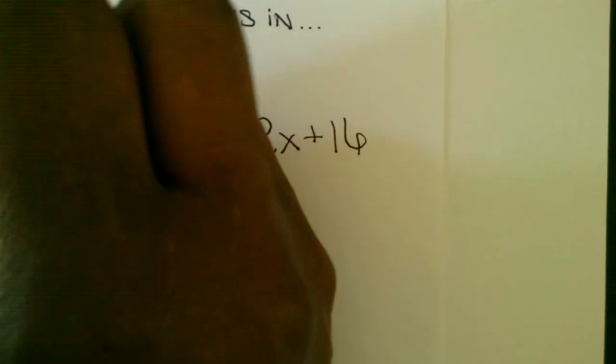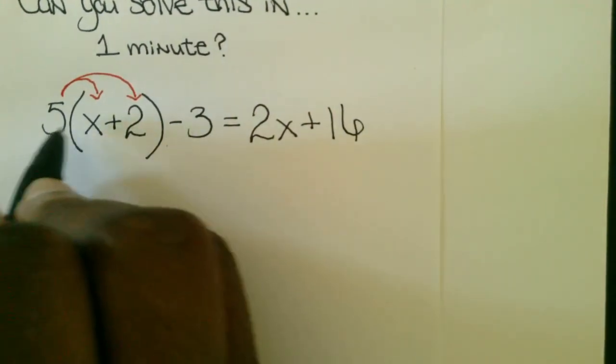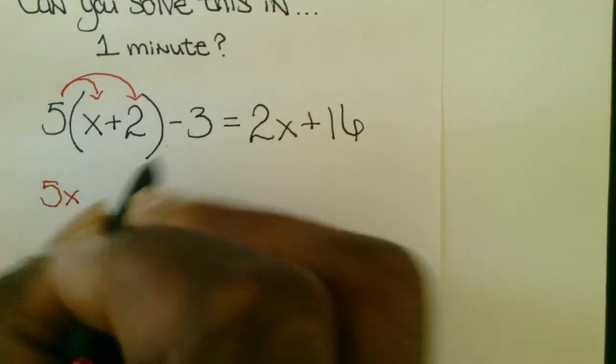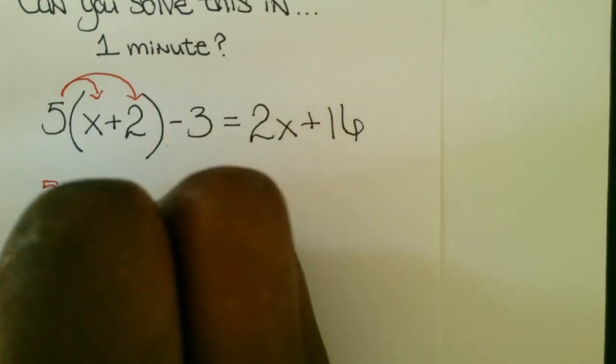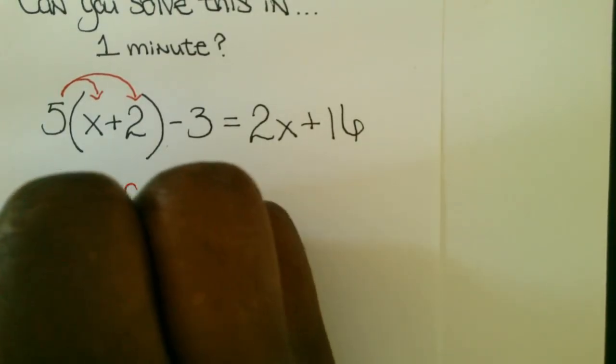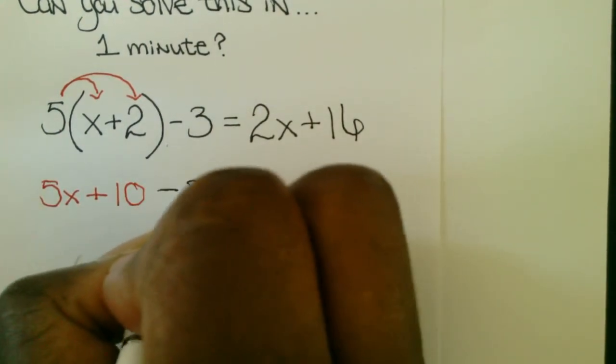So we are going to distribute our 5 to everything inside of the parenthesis. So 5 times x gives us 5x. And 5 times 2, and since it's a positive 2, we get a positive 10. So we just bring everything else on down.